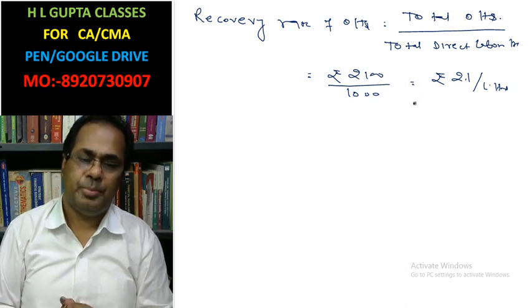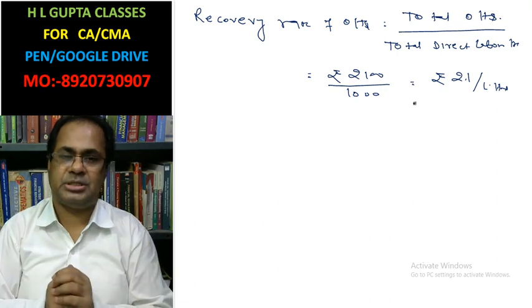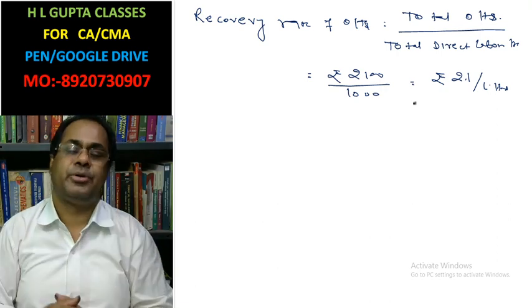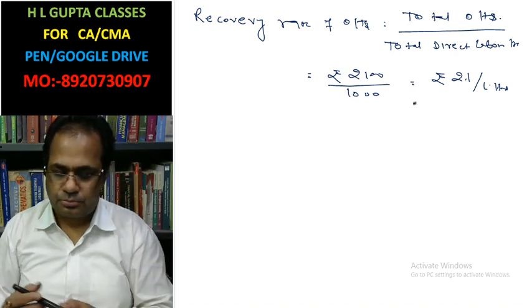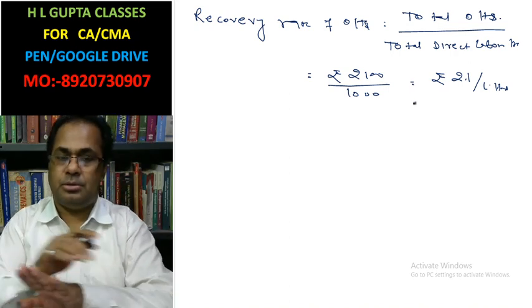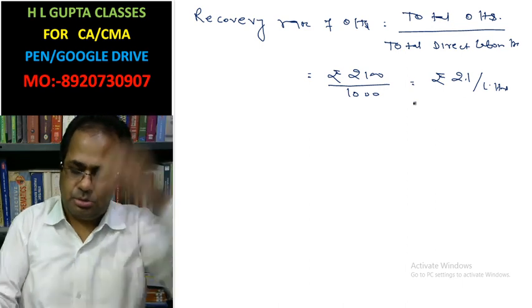Why? Because material information is given, labor information is given, and the factory overhead recovery rate we have already calculated. Okay. Now, office and administrative information is not given in the question.